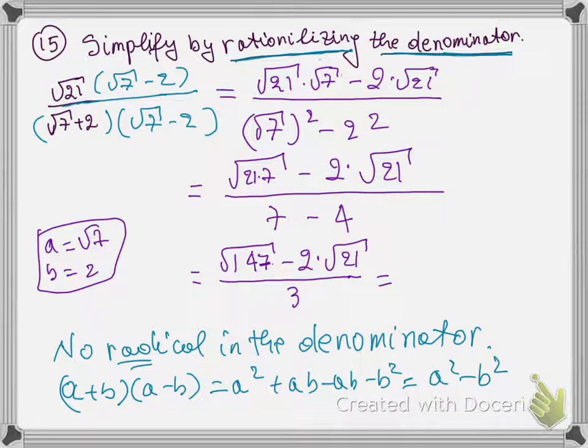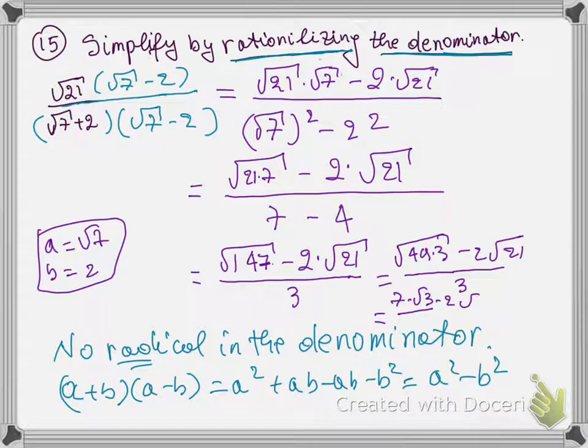49 goes into 147 3 times, so we can write that as square root of 49 times 3 minus 2 square root of 21, all of that over 3, equals, square root of 49 is 7, so that is 7 times square root of 3 minus 2 square root of 21 over 3.